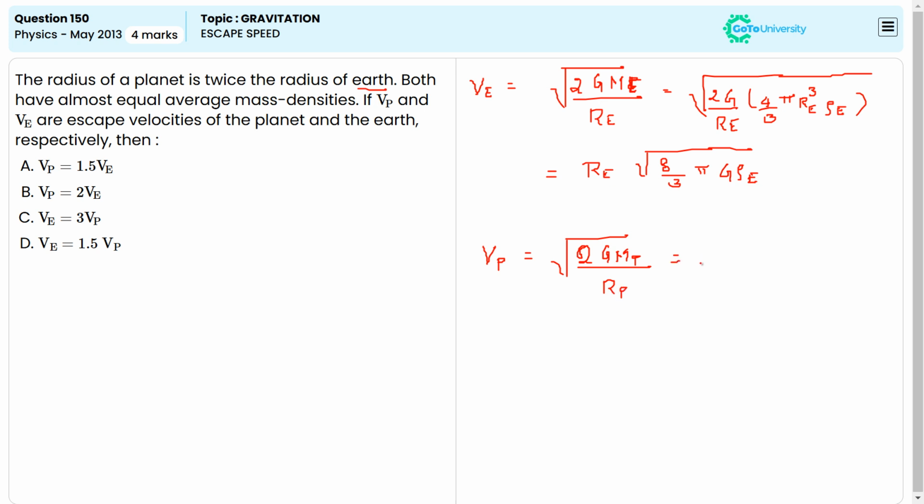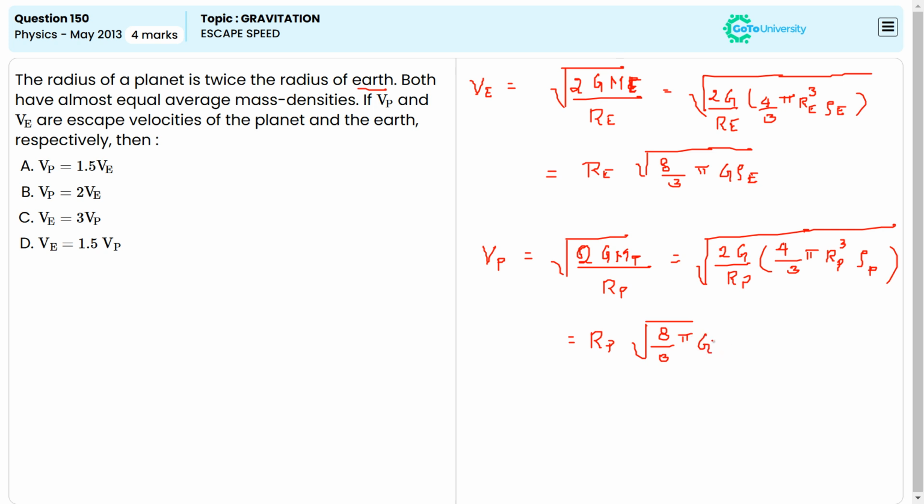If I substitute the values again, that is 2G divided by RP times 4 divided by 3 pi RP cubed times rho P. Simplifying, I get RP times the square root of 8 divided by 3 times pi G rho P. We get the answer like this.